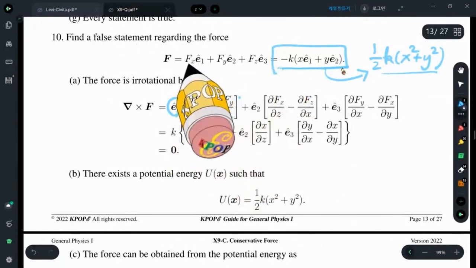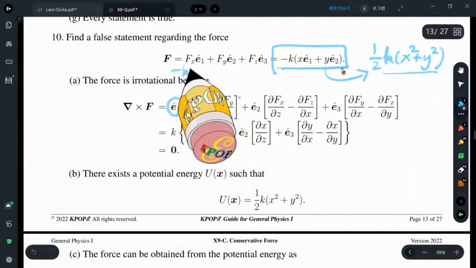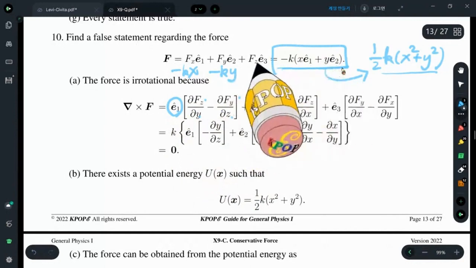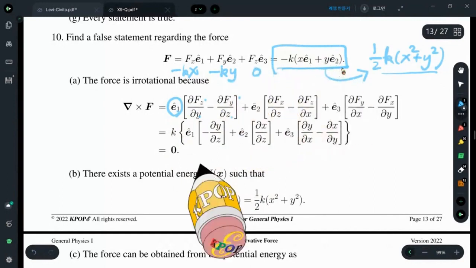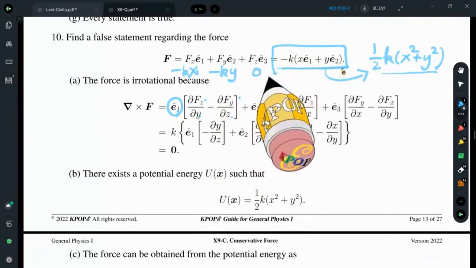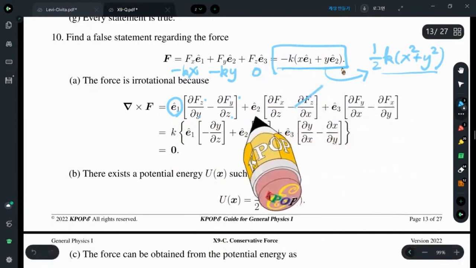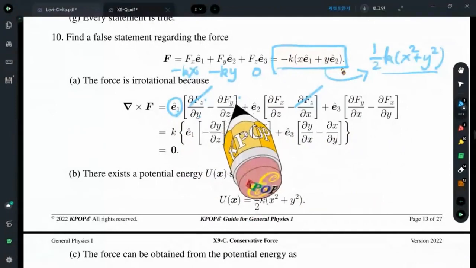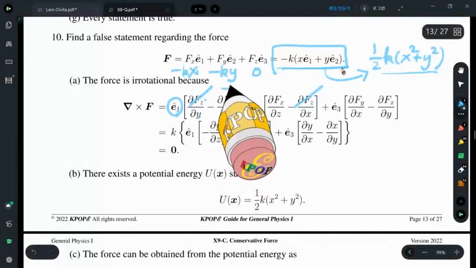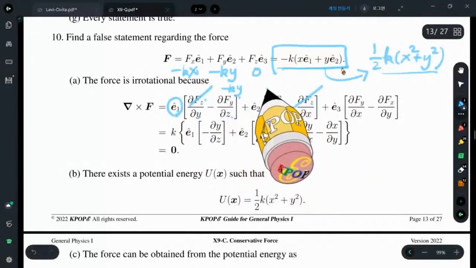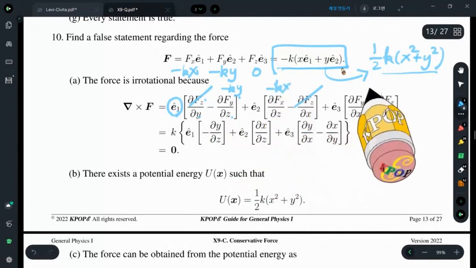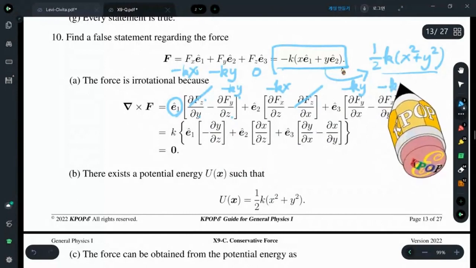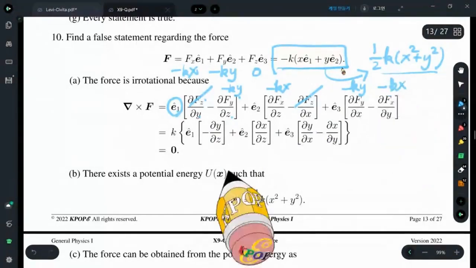And what is F of x? This is minus kx, and this is minus ky, and the z component is 0. So the z component Fz is 0. This is 0, and this is minus ky, minus kx.